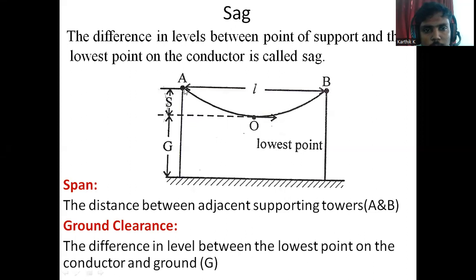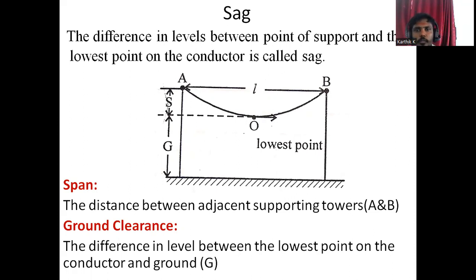From point A to O, that is called the sag. From tower point A to B, this is called the span. From the lowest point of the conductor, O, to the ground, that is called the ground clearance.